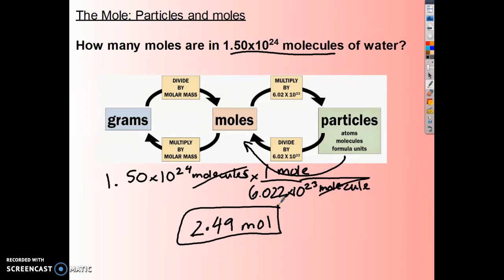This kind of makes sense because if you look at our exponent, this 24th is only one place value higher, so that's basically like taking 15 and dividing it by 6. That's one way to think about why we got this answer.